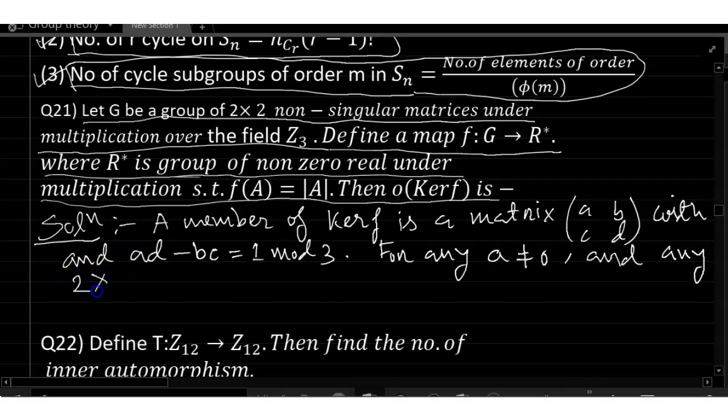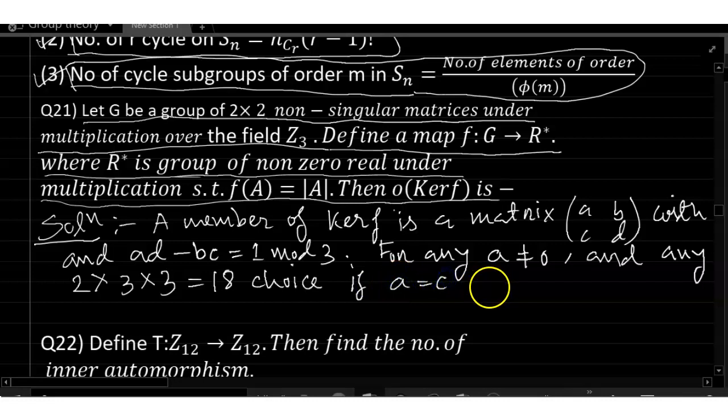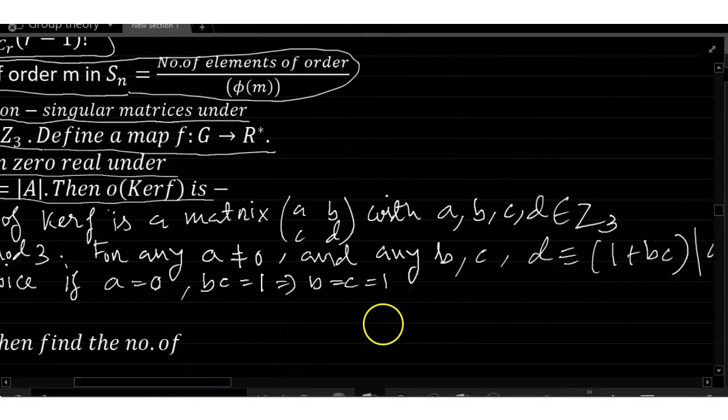So 2 times 3 times 3 equals 18 choices. If a equals 0, then bc equals 1 (mod 3), that implies b equals c equals 1, or b equals c equals 2.